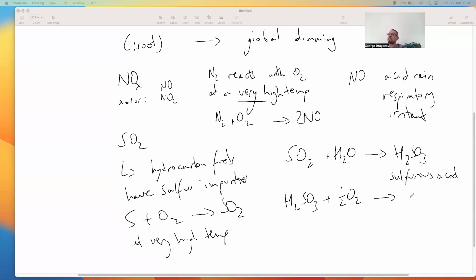Put a half here, and it makes H2SO4, which we normally call acid rain. In the old syllabus, we used to say that sulfurous acid was the acid rain, but now you don't even need to give the equations. You can just say SO2 and rainwater react to form acid rain because there will be oxygen in the atmosphere. And it's also a respiratory irritant. So acid rain and respiratory irritant.